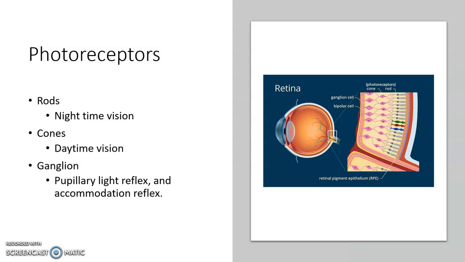The ganglion are interesting in that they are sensitive to light, and they have a lot to do with the pupillary reflex, pupil dilation, and pupil constriction. They have effects on our circadian rhythm, and our hormone production, melatonin production as well.